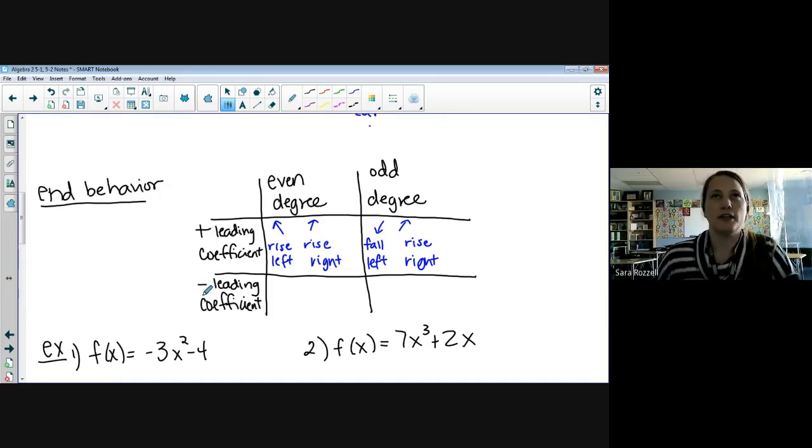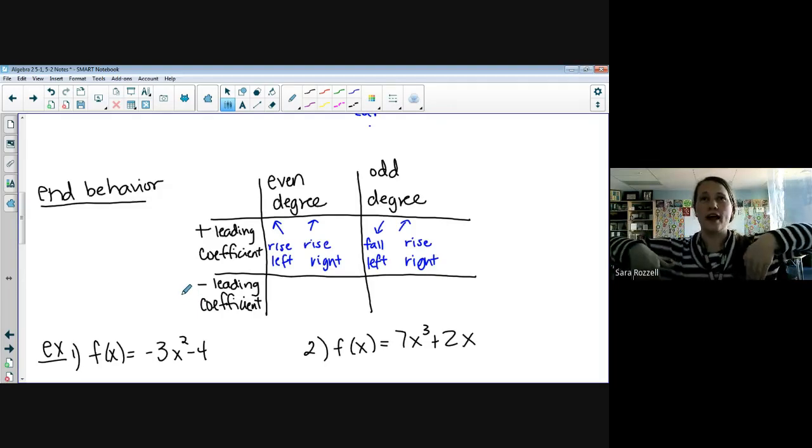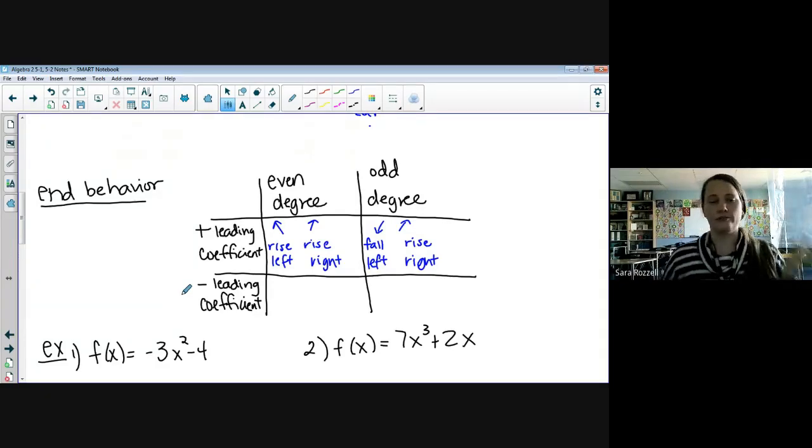What happens if we put a negative in front of a function? What happens to the function? What does it do? It's going to flip upside down, right? So a quadratic normally goes both up unless it's negative, and they're both going to go down. So if we had a negative leading coefficient, we're not going to be up, up. We're going to be down, down.